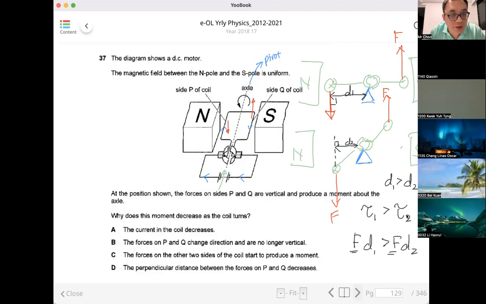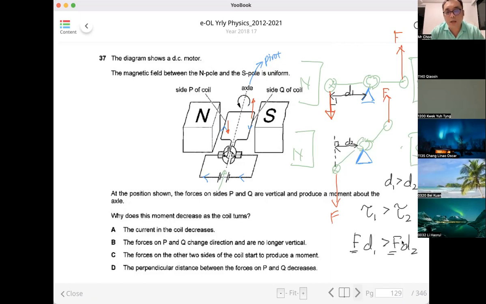Okay, one of you mentioned C, the forces on the two other sides of the coil start to produce a moment. Number C, the answer doesn't make sense at all. It doesn't explain anything at all. But basically what happened is this. As it rotates, can you see, the perpendicular distance decreases, assuming the forces are still the same.